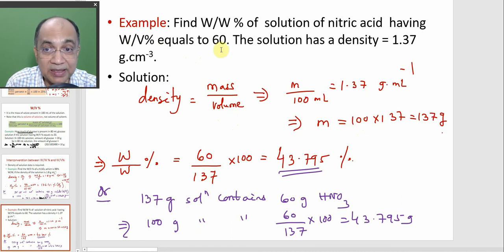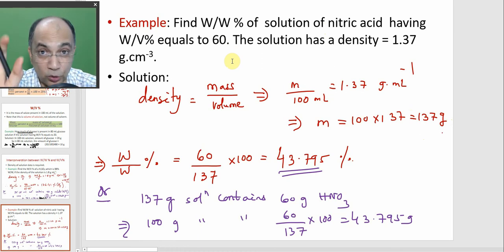That means the 60 grams of the pure solute, that is nitric acid, is present in 137 gram of the solution. If you are asked to find out the mass of water, then 137 minus 60 will give you the mass of water. But we don't need it now.